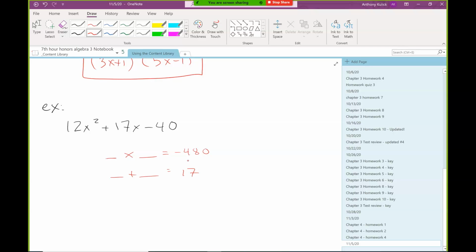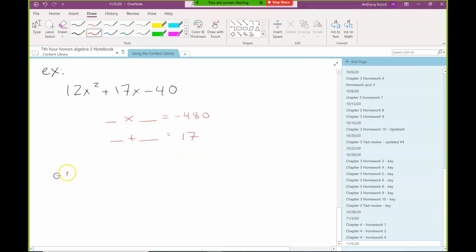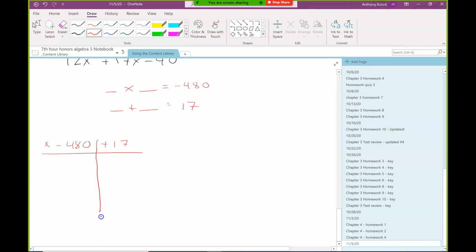Does anybody see the two numbers right offhand? Okay. If you don't, what do we do? We start by making our list. And again, no harm in not seeing them right away.